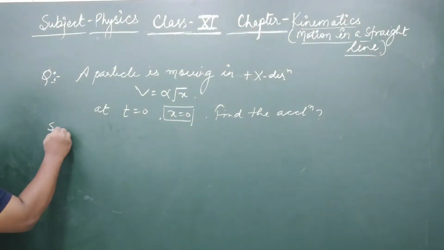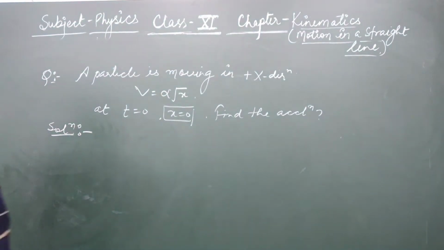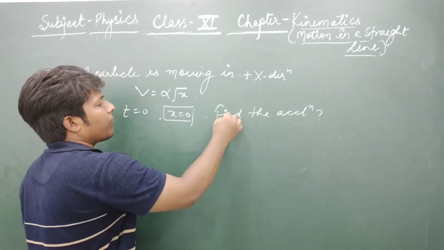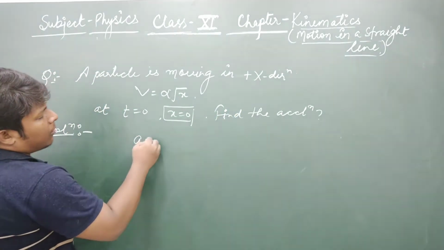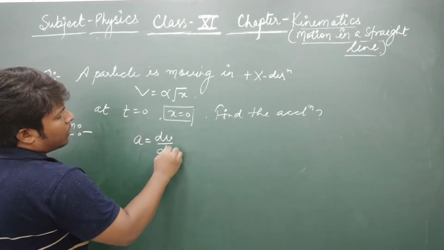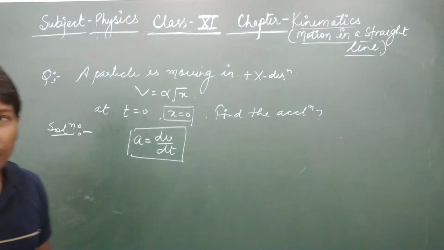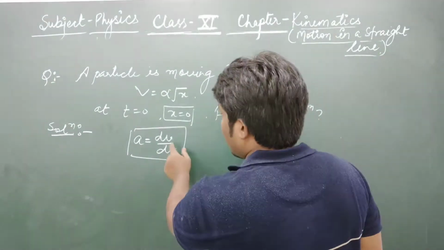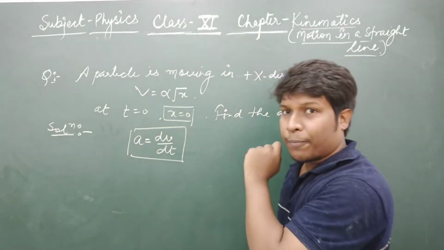Okay, let's go to the solution. So we have to find the acceleration here. We know the acceleration is the rate of change of velocity. But here you see that velocity is not a function of time.